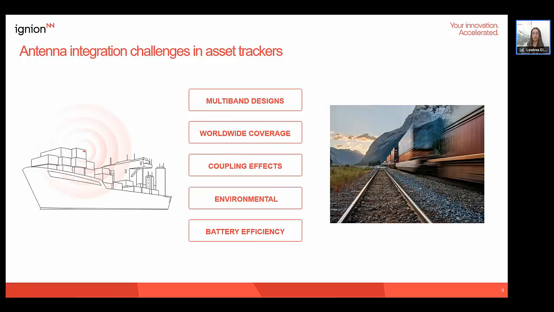As I mentioned, imagine we are dealing with a tracker that will be traveling all around the world. So we need to take into account that this tracker will be covering multiple bands because of the different regions of the world. Also, it's not the same having the tracker in the middle of the city or in the middle of the sea. So we also need to take into account these environmental impacts.